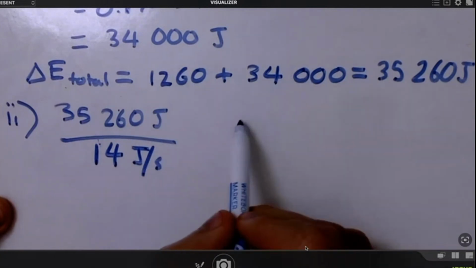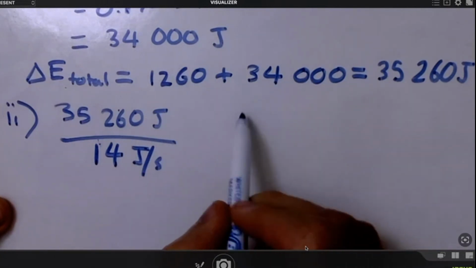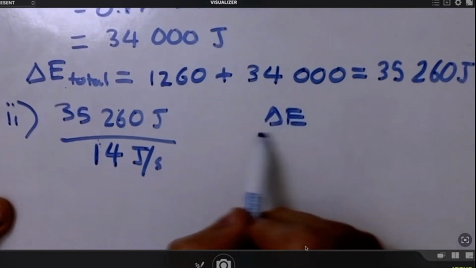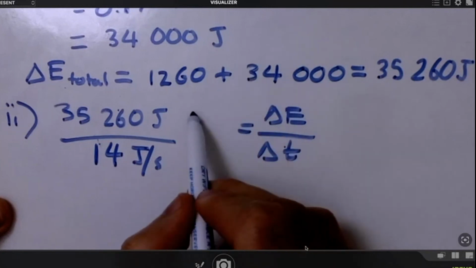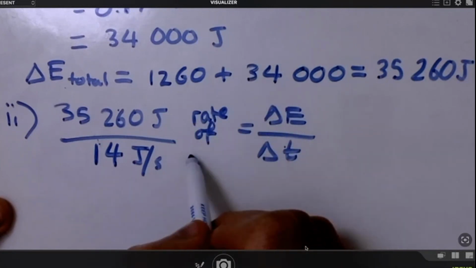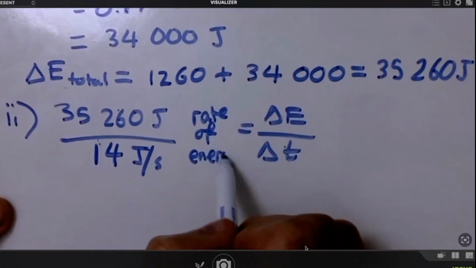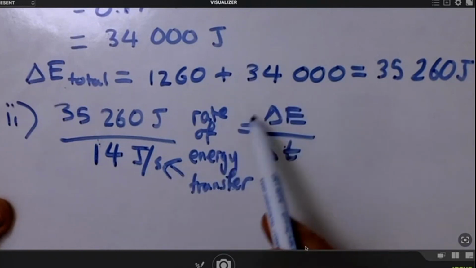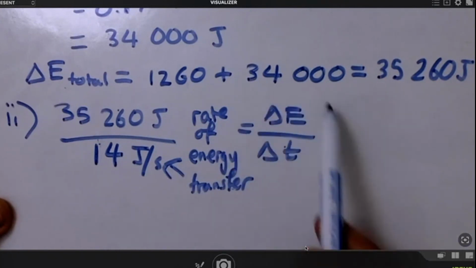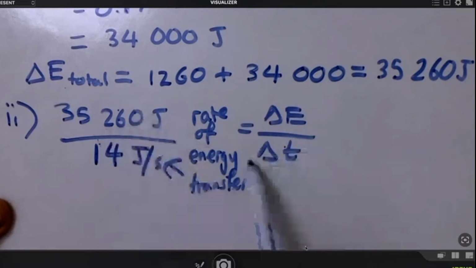Okay, so basically what I'm using here is delta E over delta T is my rate of energy transfer, and I want to work out this delta T because it says how long. So rate of energy transfer equals my energy, which is this bit, and I want to work out this.